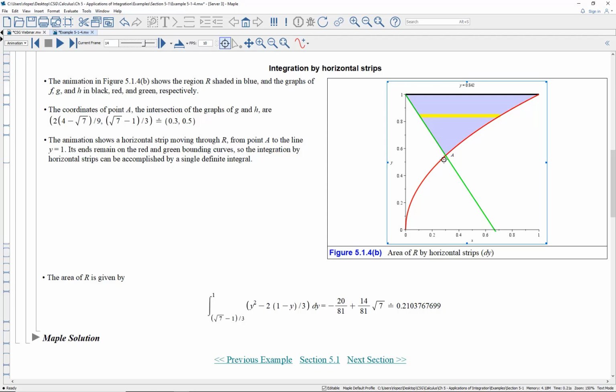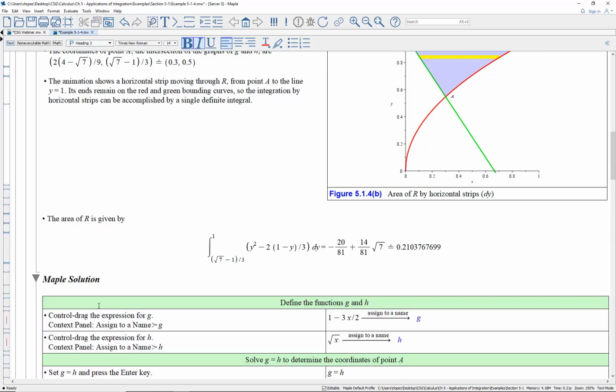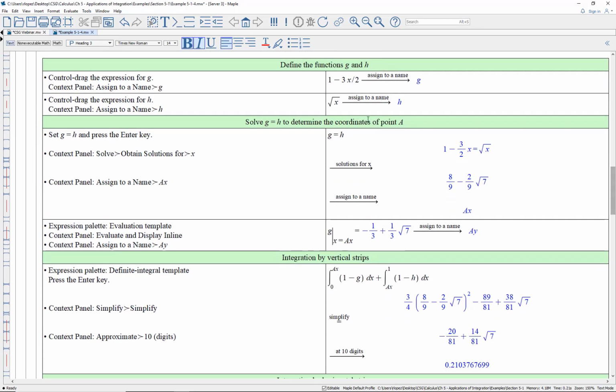But you would still need the y coordinate at this point, and so it's calculated, and then you can set up the integral as a dy integral. Maple solution requires some of that same information, but how do you get it in Maple?